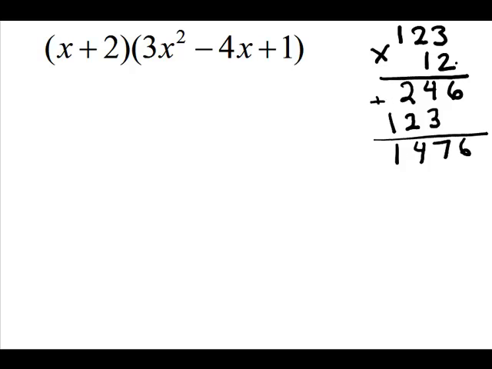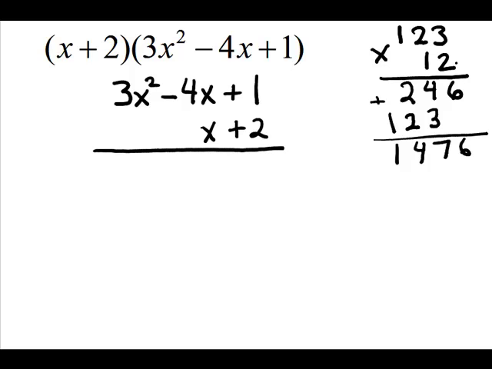It's the same technique for multiplying polynomials. You should write the longest one on top. So we'll write the 3x squared minus 4x plus 1 on top, the shorter one underneath, and then we'll multiply. So we're going to take the 2 times everything on top.